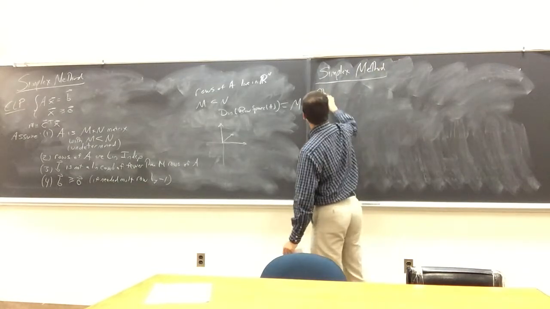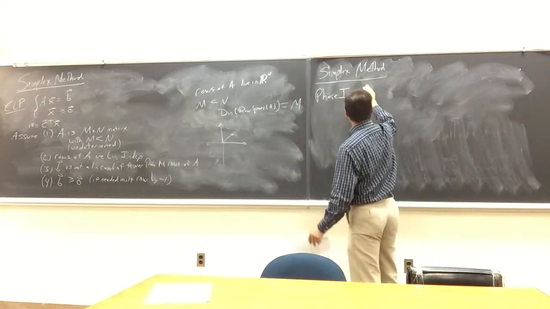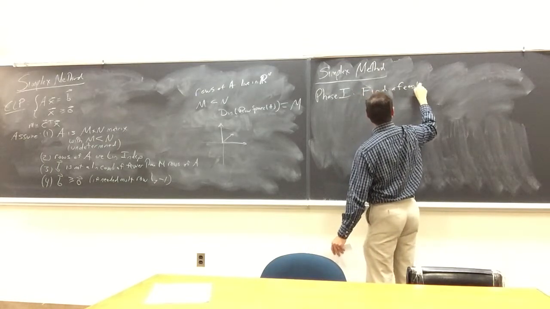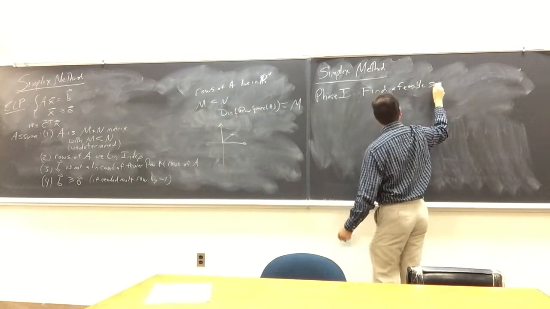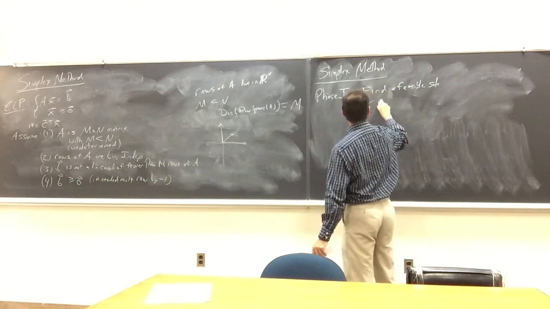OK. So phase 1 is find a feasible solution. And actually, I think it's going to be a basic feasible solution. Or prove none exist.